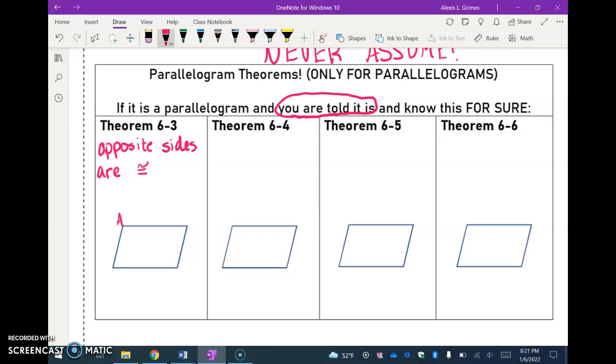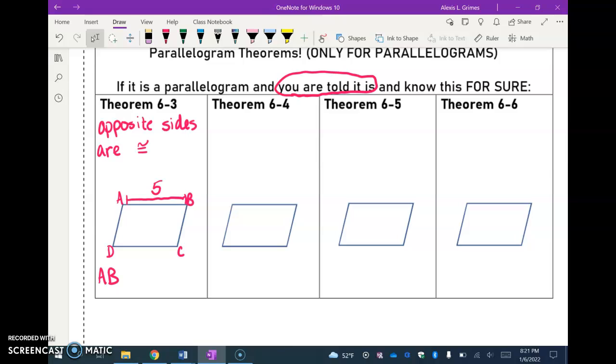We'll name it A, B, C, D. If I tell you that this, from A to B, the measure here, from A to B, that's what we mean when we write AB. AB. From A to B. If I tell you that measure is 5, what's the measure of DC, from D to C? That's going to also be 5.